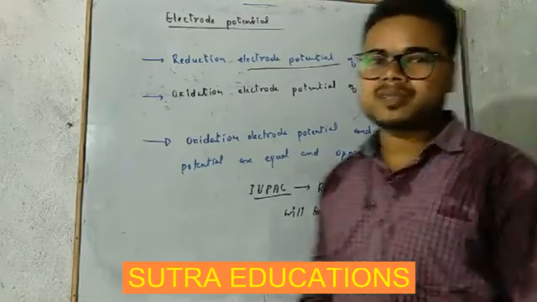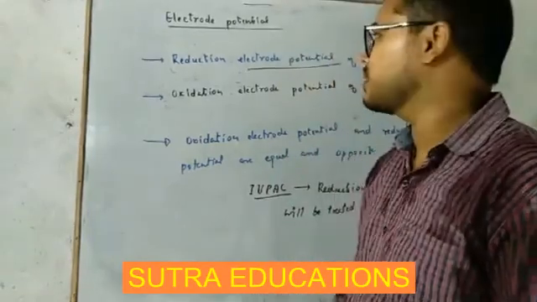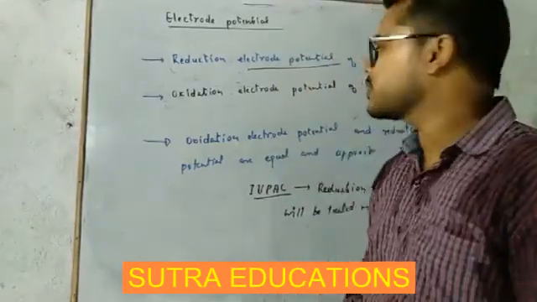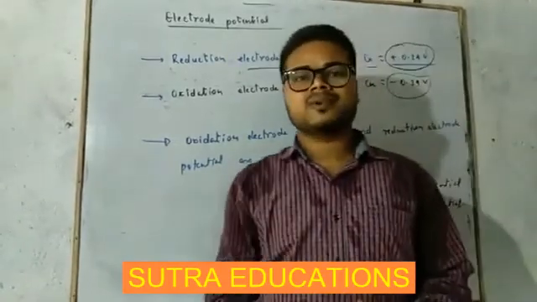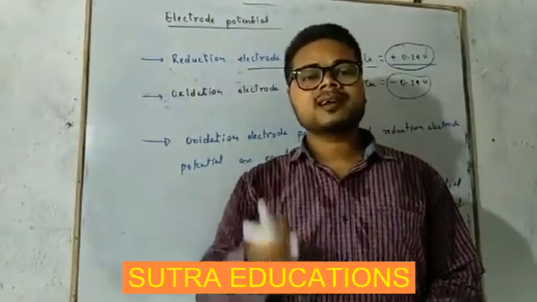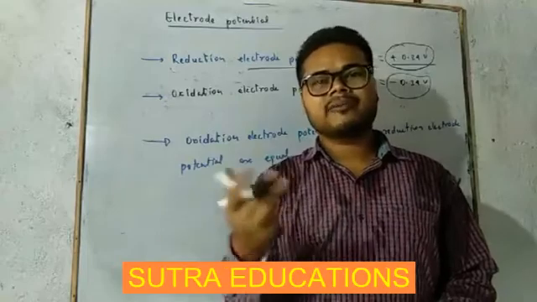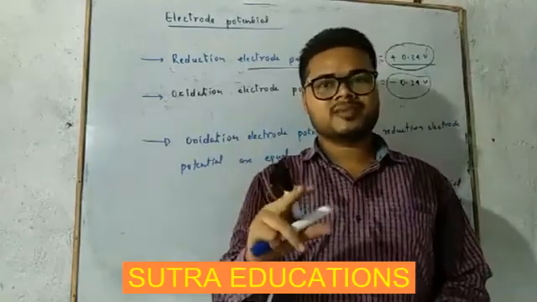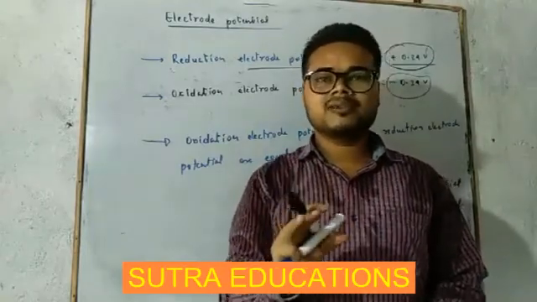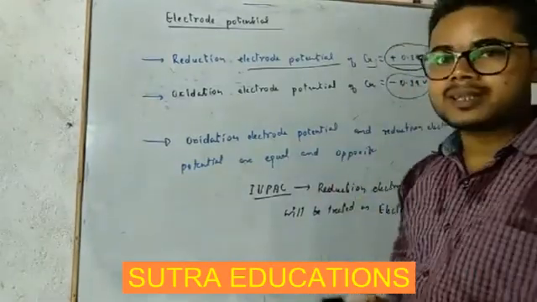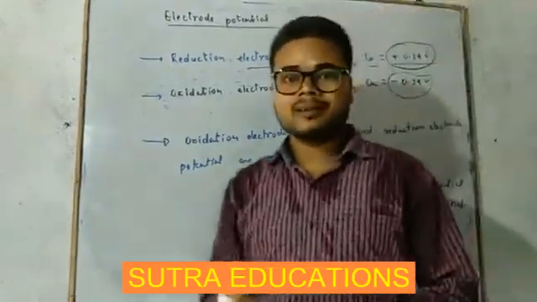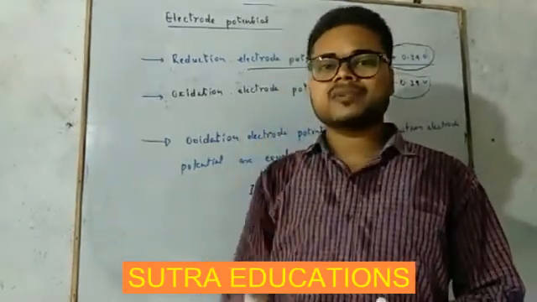Electrode potential means two types: one is reduction electrode potential, other is oxidation electrode potential. So it creates confusion, because both are equal in magnitude, just opposite, as we have seen. Both are 0.34 volt. Getting this? So it creates confusion in our mind.